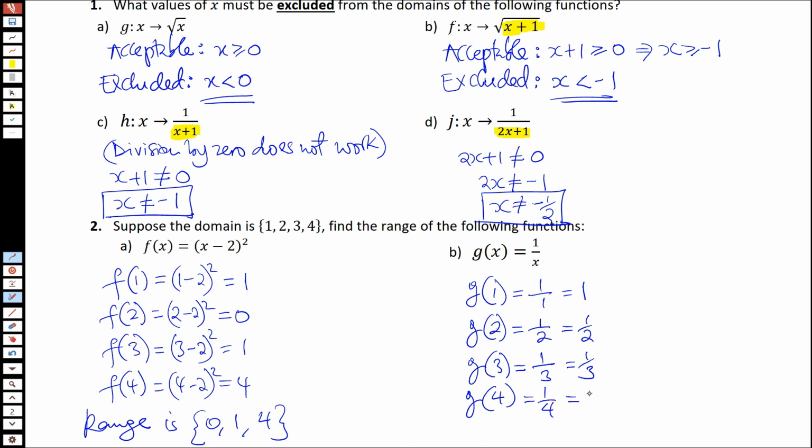And therefore, we can clearly see here that the range is, and we can just list these values, 1, we have a half, we have a third, and we have a quarter.